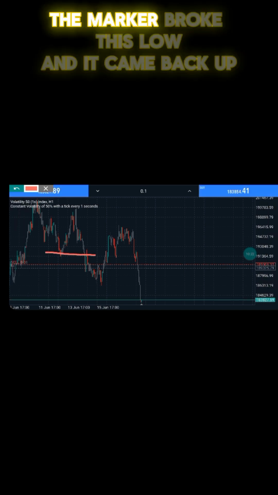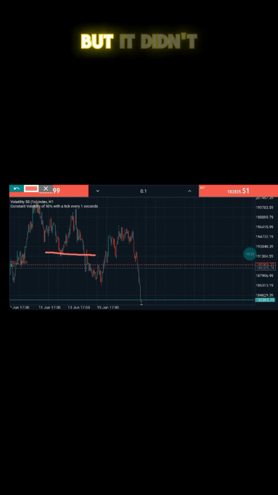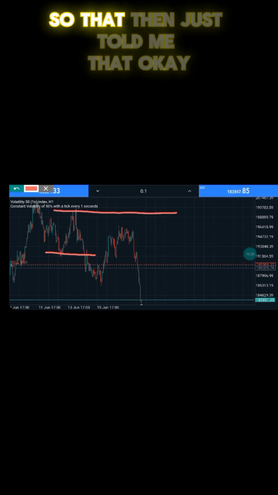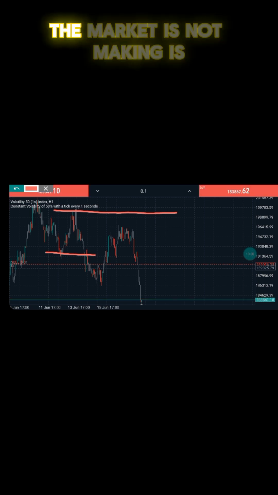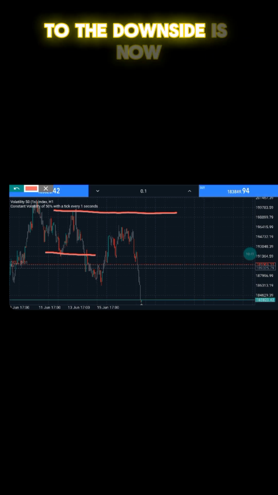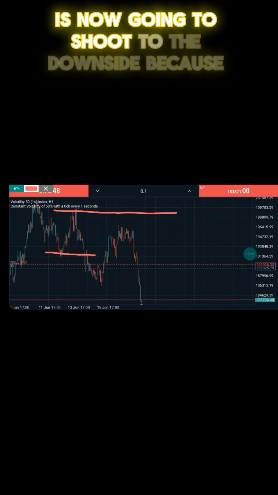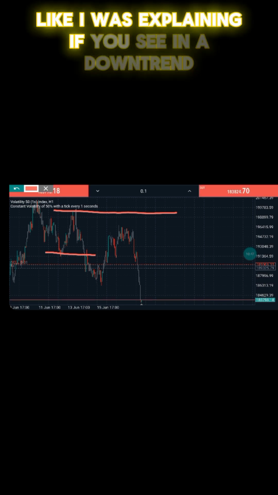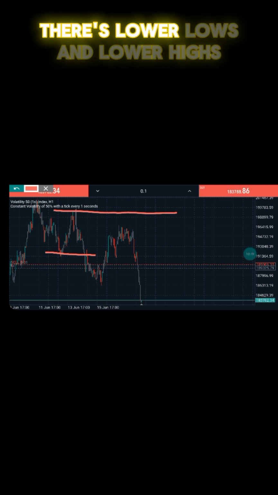as you can see, the market broke this low and it came back up, but it didn't have enough momentum to break this high. That told me the market is not having enough momentum to come back to that high, so it's not going to shoot to the upside. Like I was explaining, in a downtrend there are lower lows and lower highs.